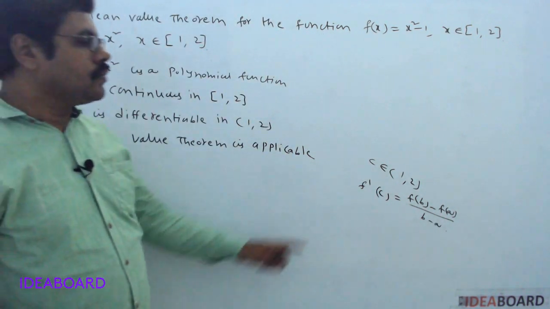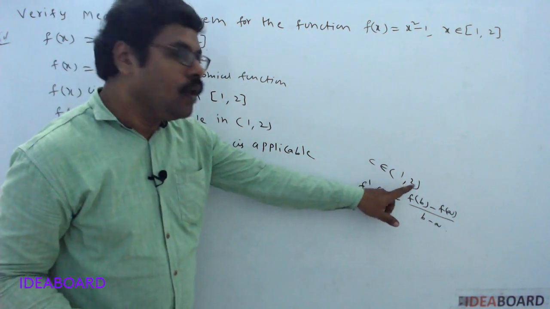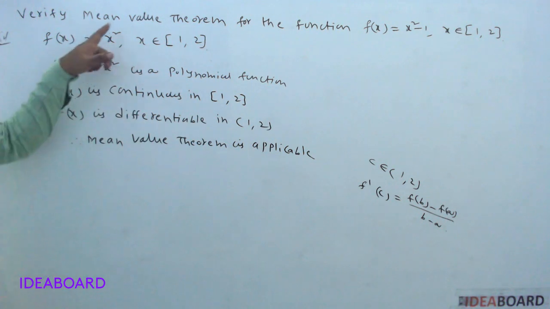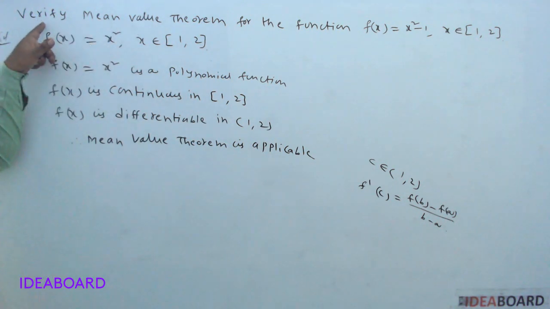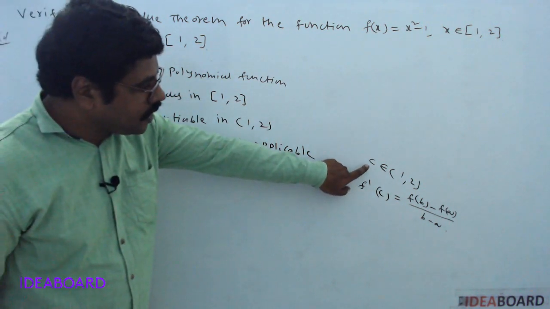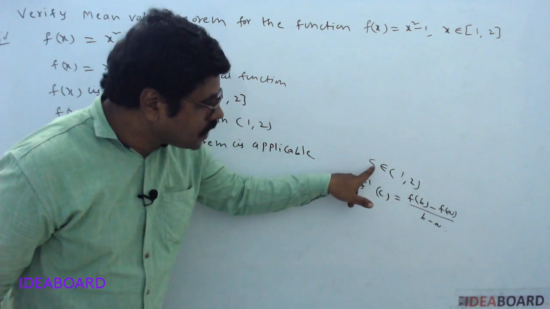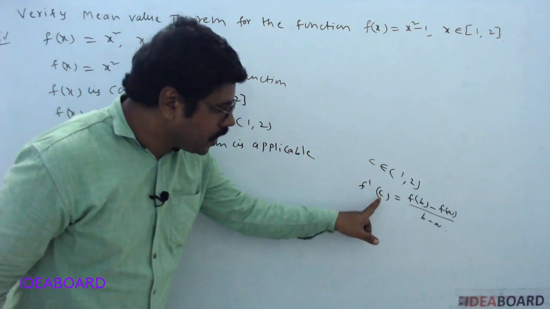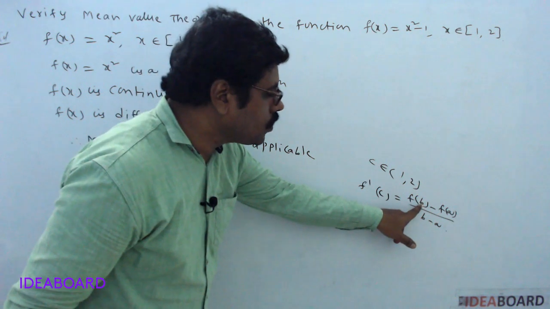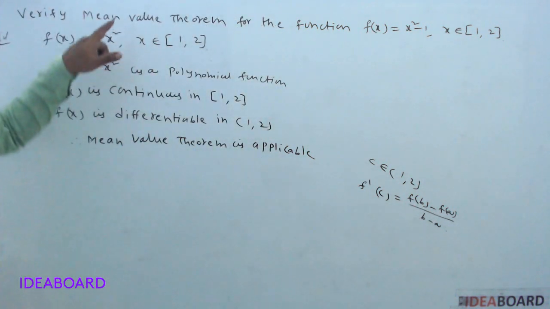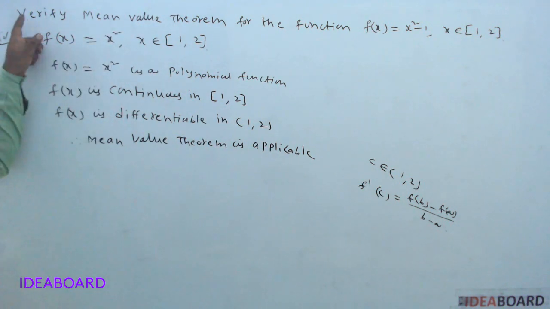If you find a value of c in this interval which satisfies this condition, we simply say that mean value theorem is verified for the function f of x.